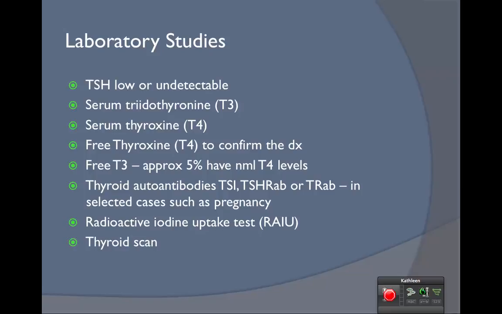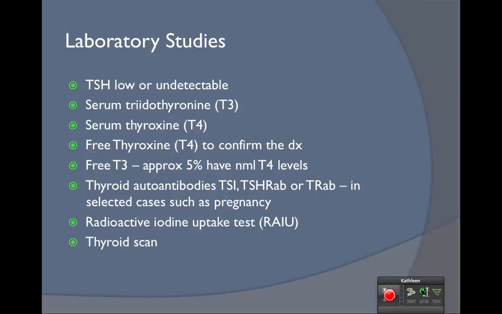You want to get thyroid autoantibodies in selected cases such as pregnancy, not in all. Radioactive iodine uptake test. Not everyone with hyperthyroidism gets this, or a thyroid scan. So hyperthyroidism is a TSH of less than 0.3. Hypothyroidism is a TSH greater than 4.0 microunits per liter.